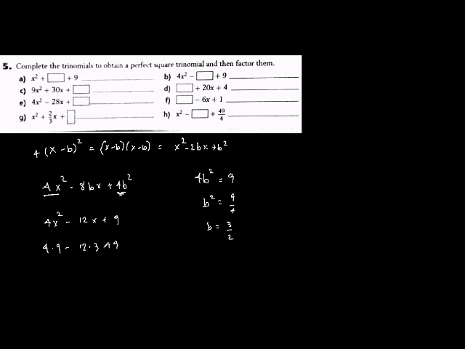Minus 12 times 3 plus 9. This gives us 9. And 9 is a perfect square number. 9 is 3 squared.